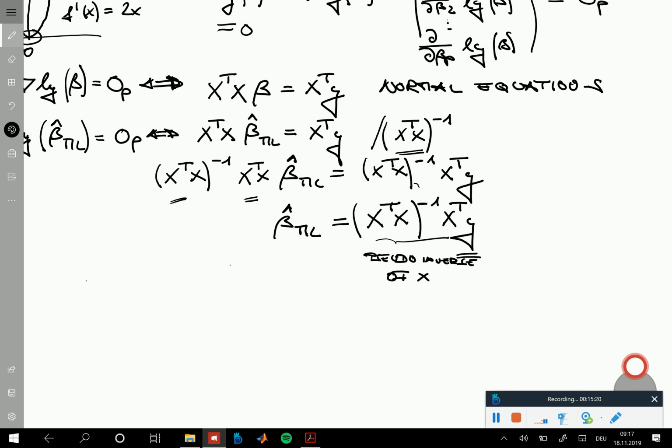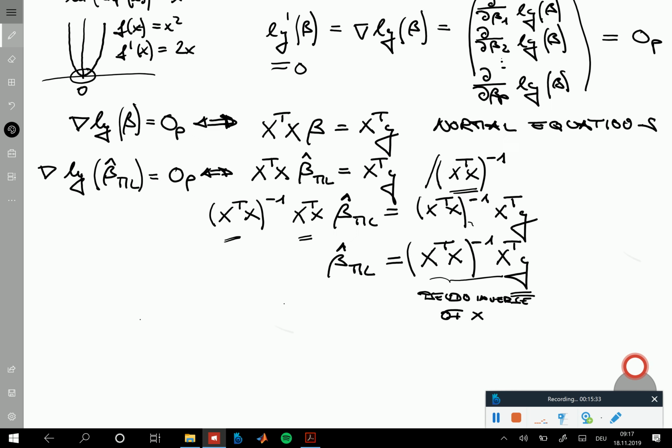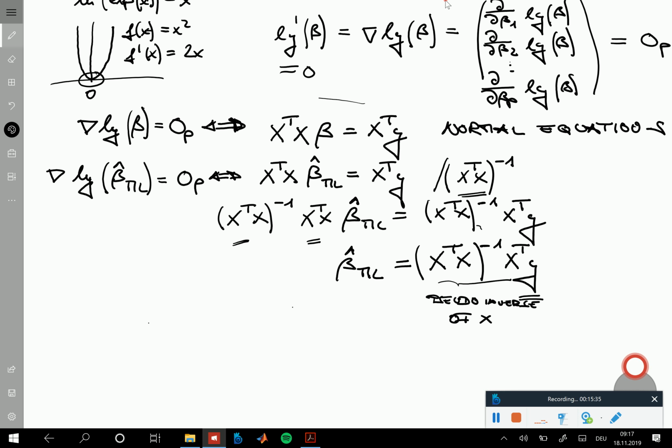The design matrix we of course know, and the data we know, so we can always compute this better parameter estimate.